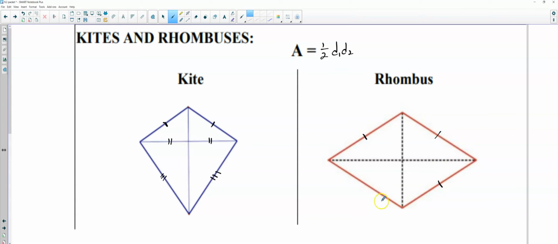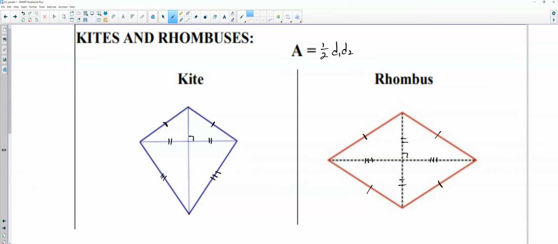That's what makes it a rhombus. And the diagonals bisect each other, so that means that this is congruent to this because it's cut in half, and this one right here is congruent to this one right here. That's the rhombi. So also, these diagonals are perpendicular. In both of them, the diagonals are perpendicular. As long as you know those properties, everything else will work nice and dandy.